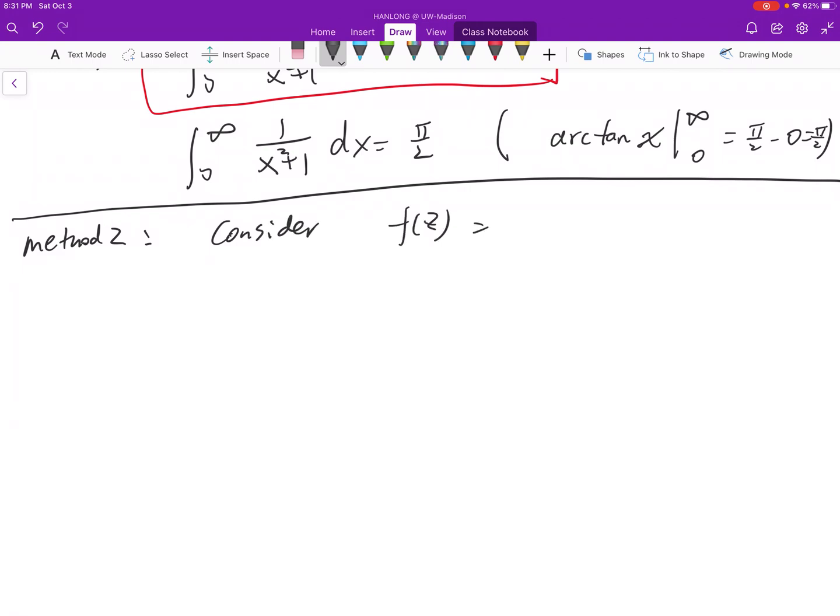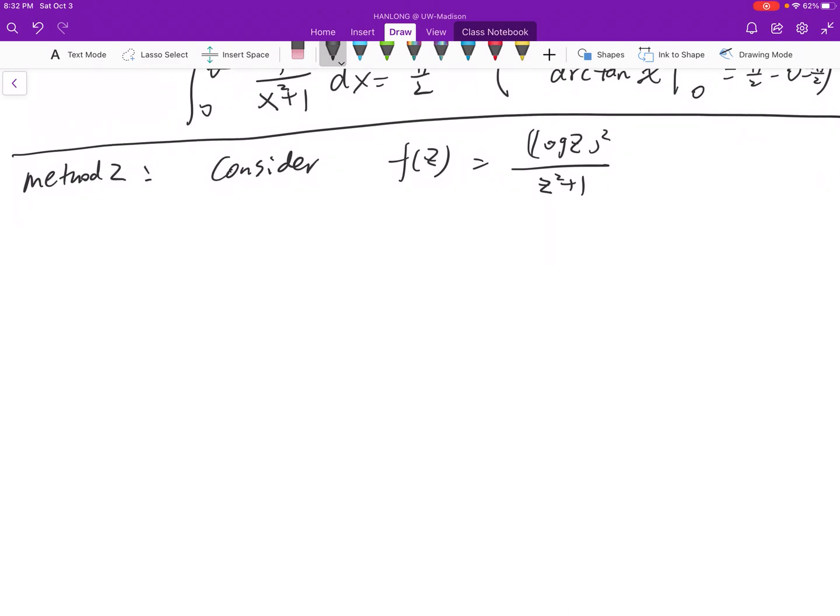So consider f(z) equals (log z) squared over z squared plus 1. Don't ask me how you come up with these weird functions. As I said, the motivation of this method is just to get some idea of how to do the estimate.